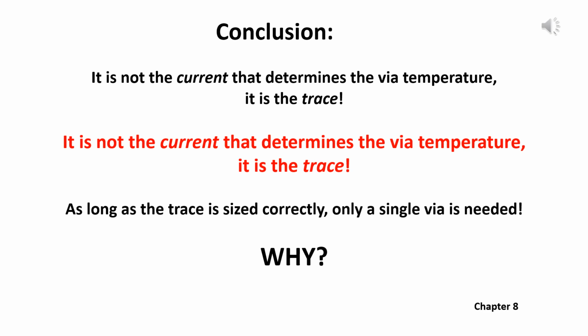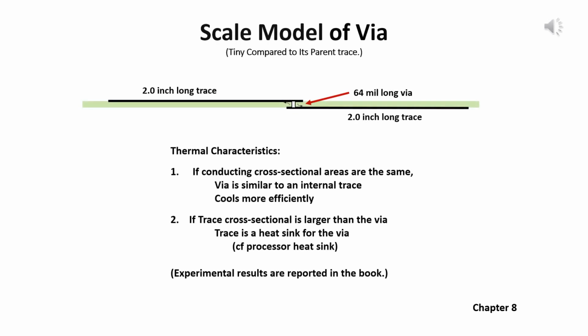Why can that be true? This is my attempt at drawing a scale model of a trace with a via. The typical board is only about 63 mils thick, and the length of the via is tiny compared to the trace.